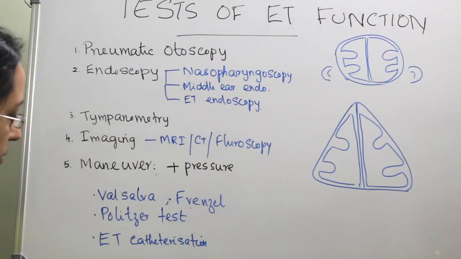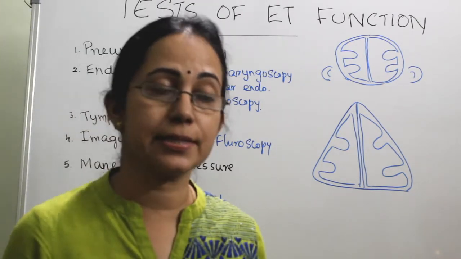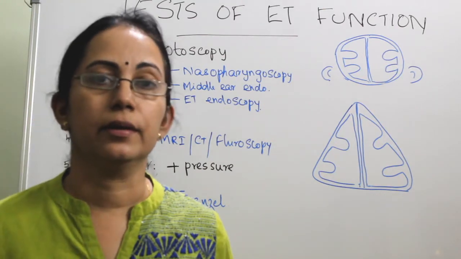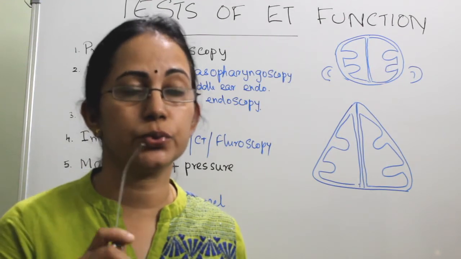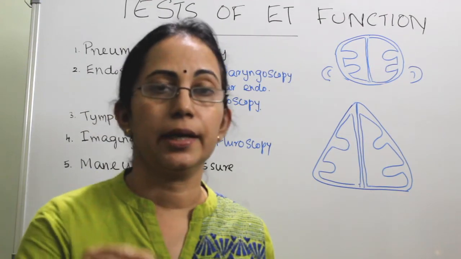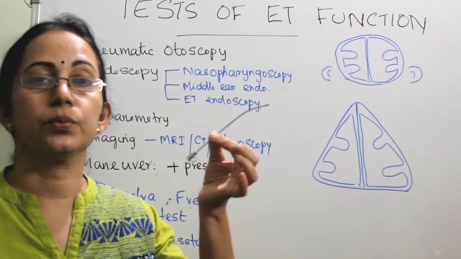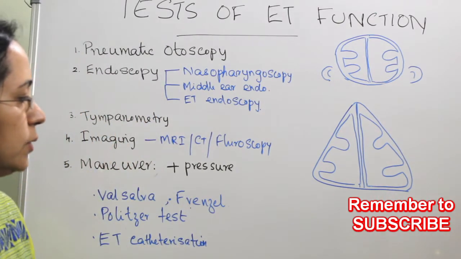The next one is Eustachian tube catheterization. To be very frank, I have not seen or done a Eustachian tube catheterization so far. It is not at all done nowadays, but you should know the method. And this is a Eustachian tube catheter. We call it a Rose's Eustachian tube catheter.